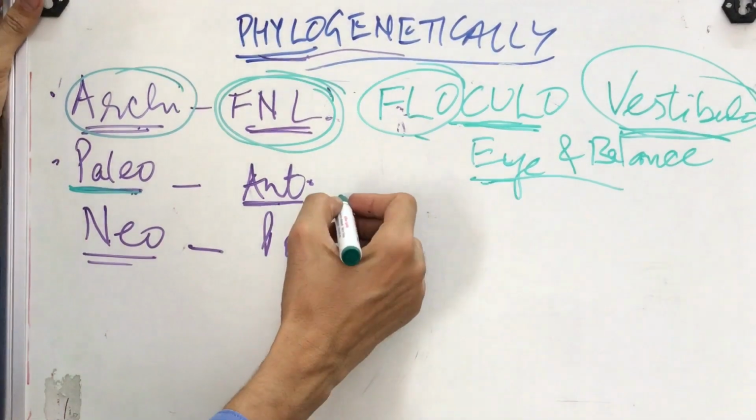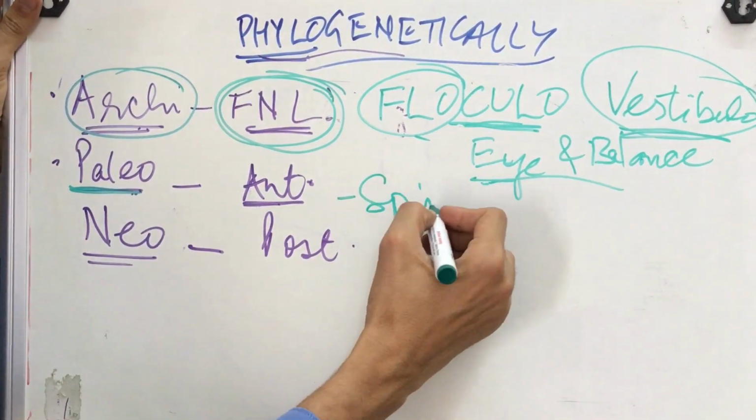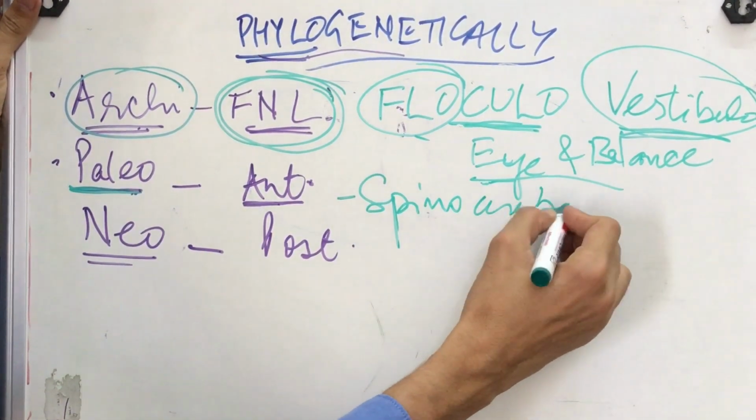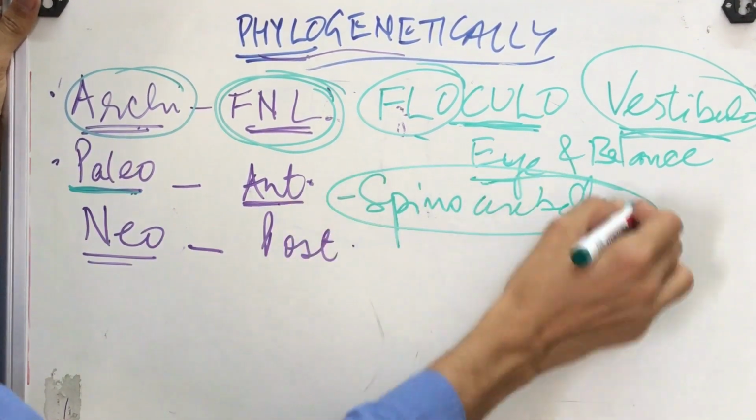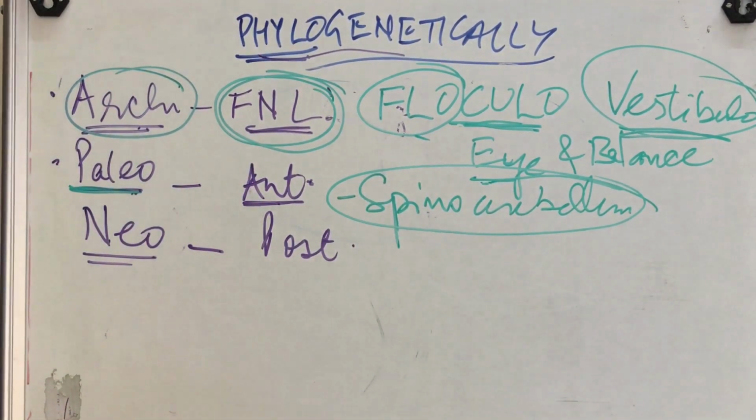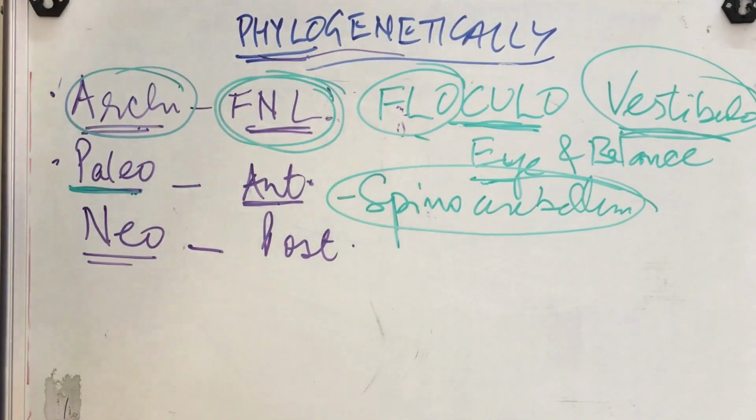Now the paleocerebellum, functionally, is called the spinocerebellum. It is mainly the anterior lobe, and it is concerned with the skeletal system, involving the axial and paraxial parts of the body, the fine tuning of movement.